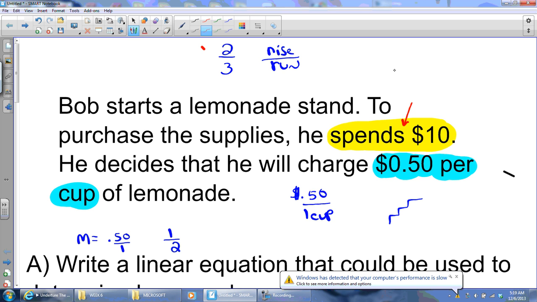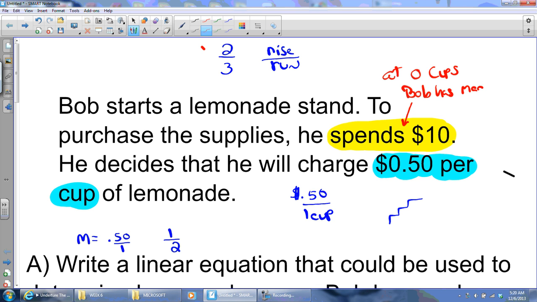So at 0 cups, Bob has made -$10. I just gave you the coordinates of a point: (0, -10). Where is that point? Yeah, it's on the y-axis. This is the y-intercept. This is b.